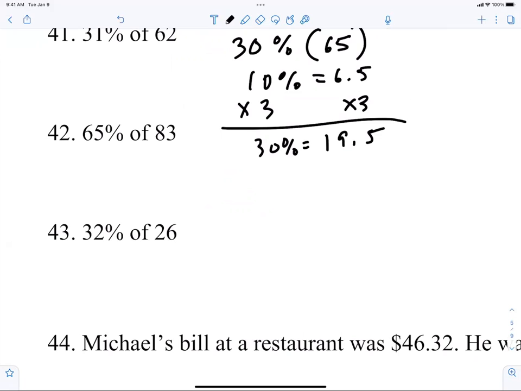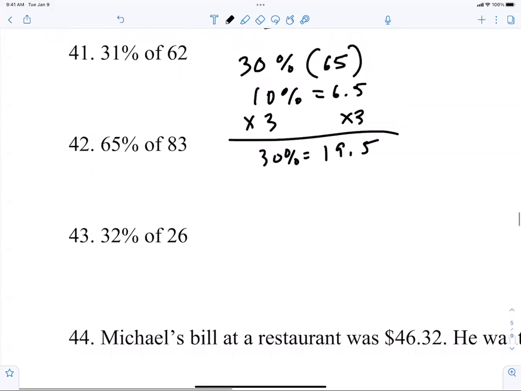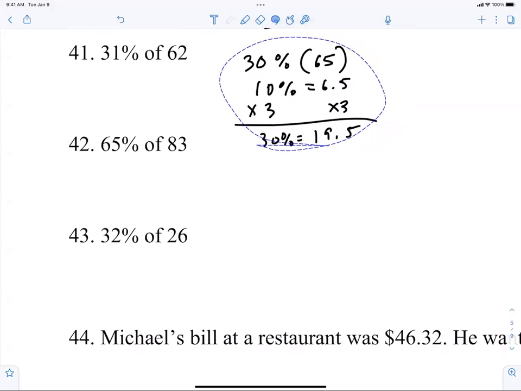So 40 plus 4 is 44. Okay, so I'm trying to agree with you, but I think that's too many steps. I would say 65% of 80. I definitely like that.